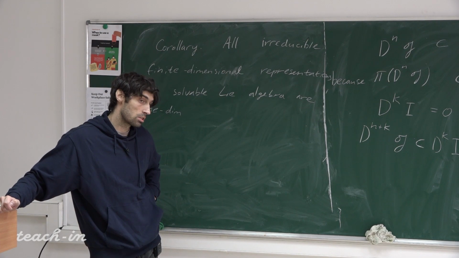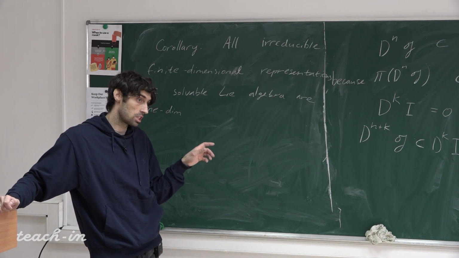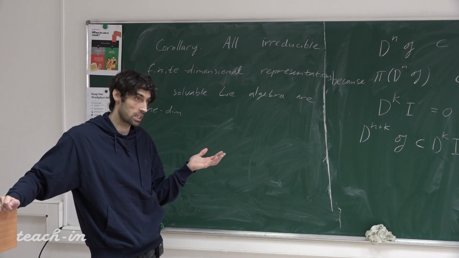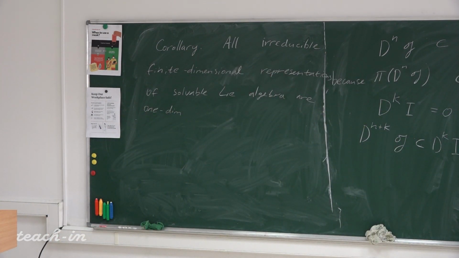It's easier because you don't need decomposable. You need just irreducible. Reducible means that you don't have invariant subspaces, right? But this thing is already an invariant subspace. You don't even need orthogonal complement to that, right?